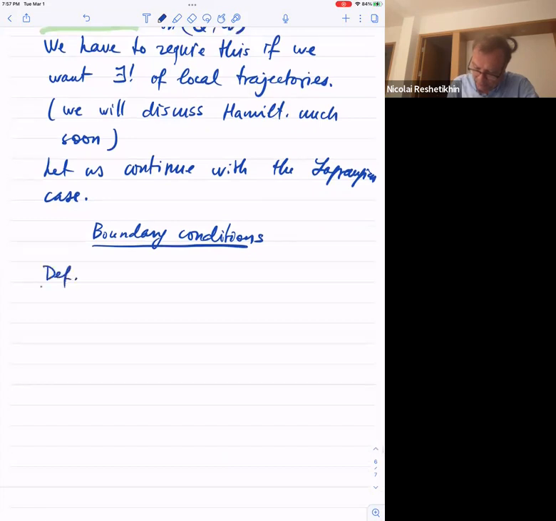So let's define it like this. I will keep using the notation. Let's call it P, the space of smooth parameterized paths in Q. So now the definition.